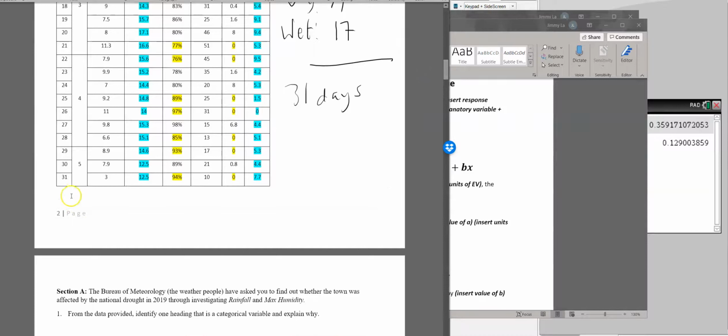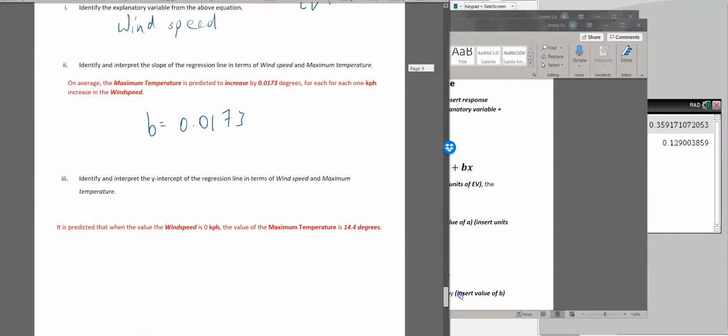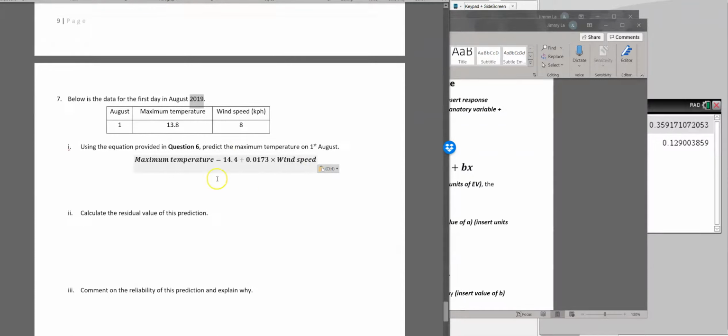Actually, no, never mind. Scratch what I just said. On August, predict the maximum temperature. So we're going to plug in this value, 8, because we're trying to work out what this value is. Plug this into here.